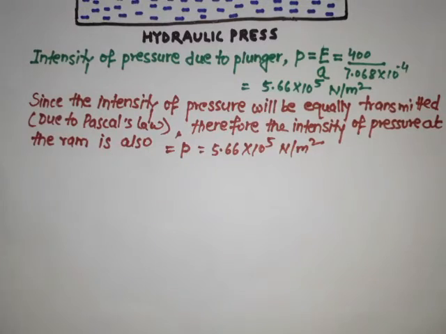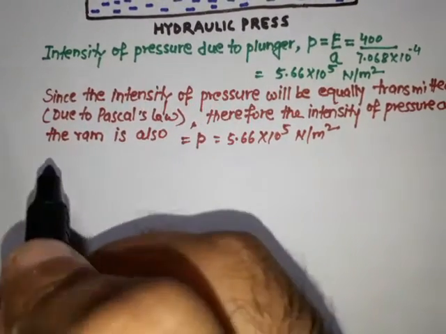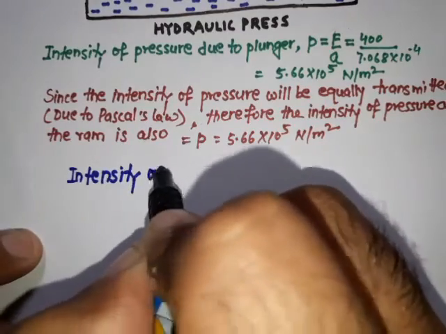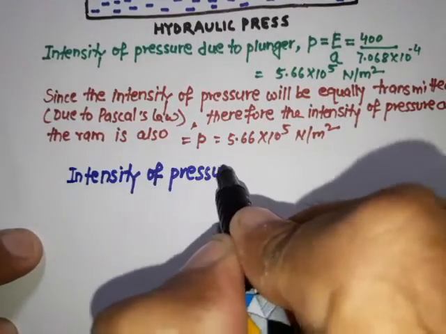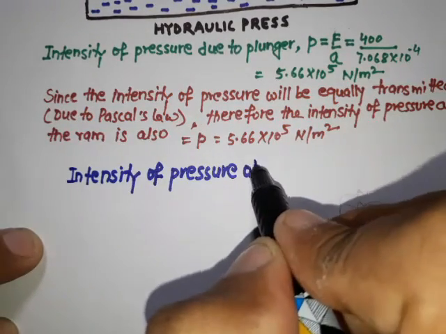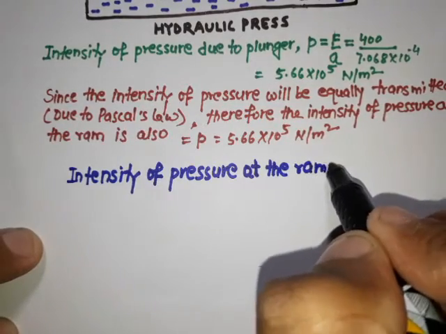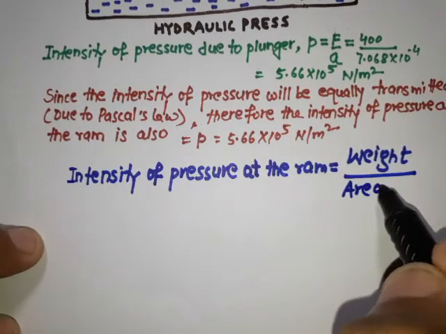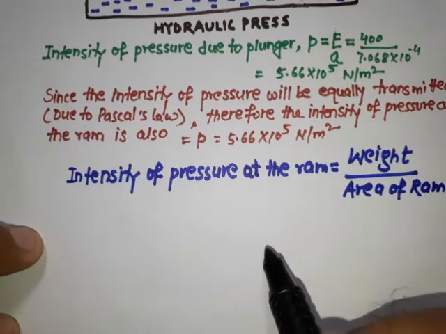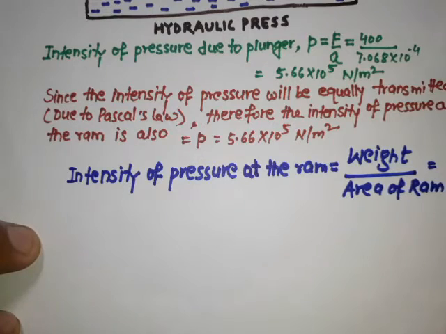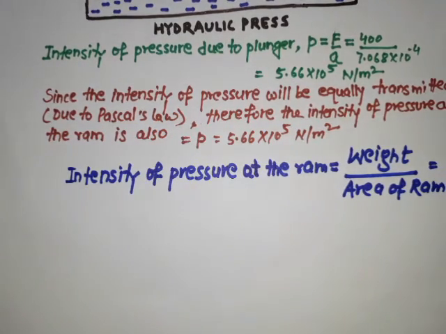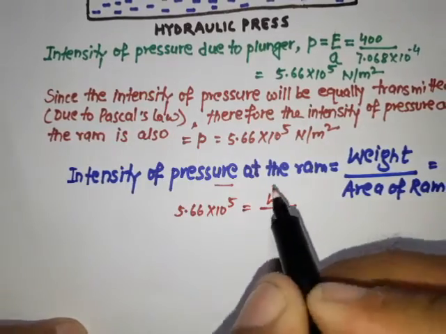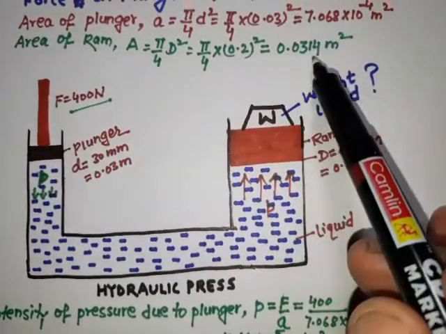Now as we know, the intensity of pressure at the ram is equal to weight upon area of ram, that is W upon A. This value is equal to 5.66 into 10 raised to power 5 equal to W upon A, where area we have already calculated, that is 0.0314.